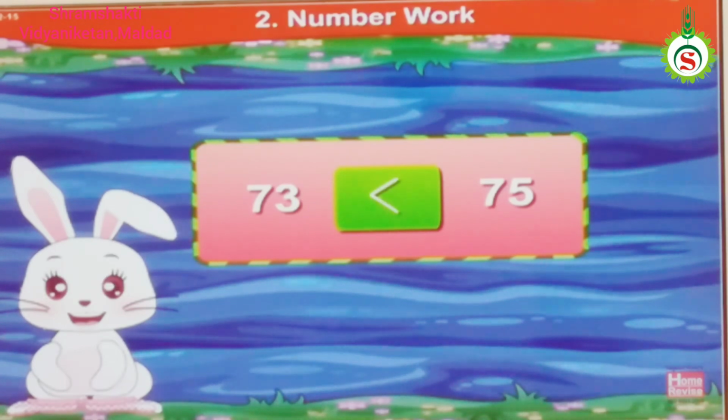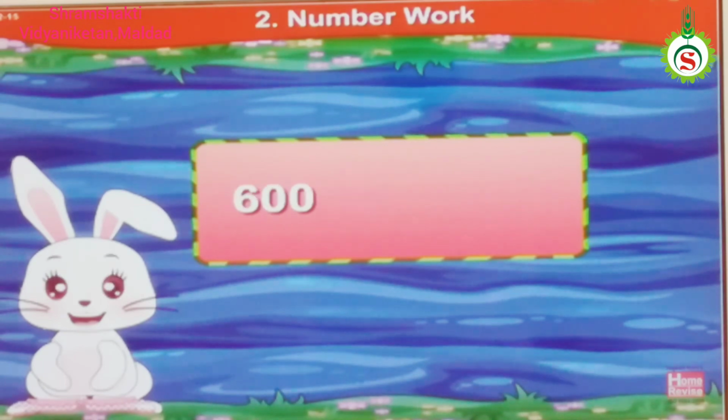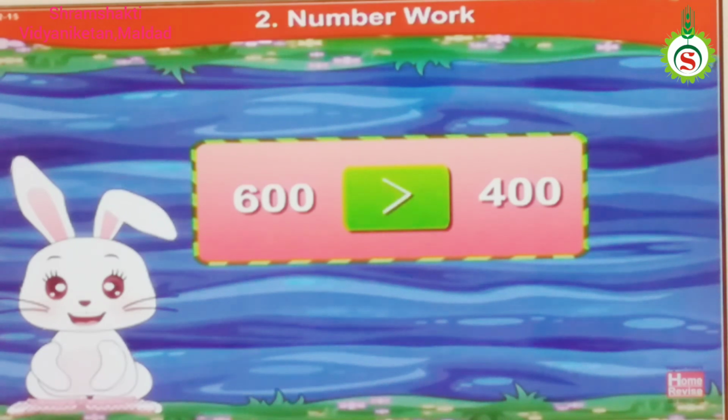So we put a symbol of smaller facing 73, showing 73 is lesser than 75. 600 box 400. 600 is bigger than 400. So we put a symbol of bigger or greater facing towards 600, showing 600 is greater than 400.